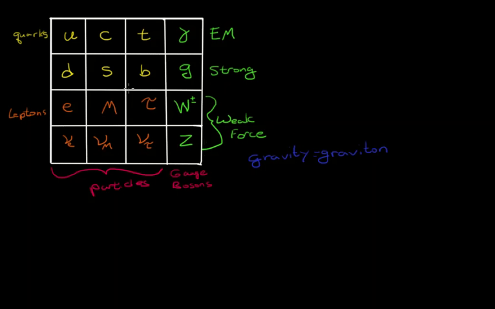All of this stuff has been found in the different collisions that they've had in the particle accelerators. And usually they take protons and they smash them together at almost the speed of light, not quite, but they put a lot of momentum into those little particles, smash them together, and they see what comes out.